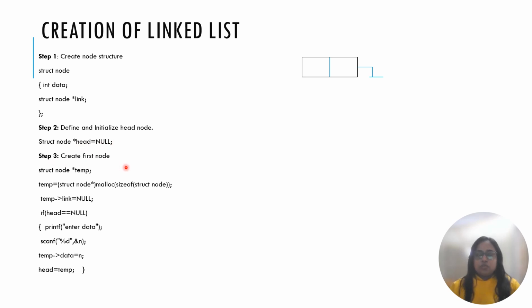Then create the first node. So now we are going to create our list, which will have the first node. So here I have taken another pointer temp, and using temp I have allocated the memory block for storing the data and link part, means for storing the node. So that's why we have used the malloc function here.